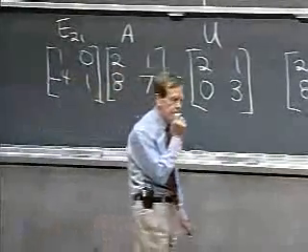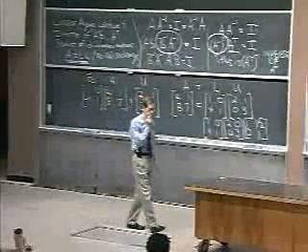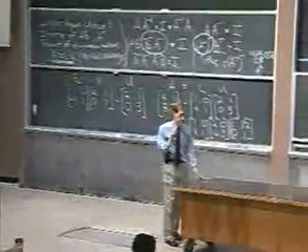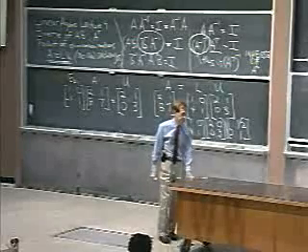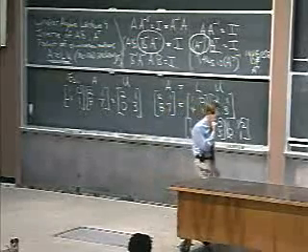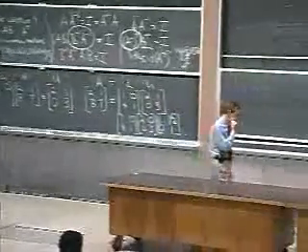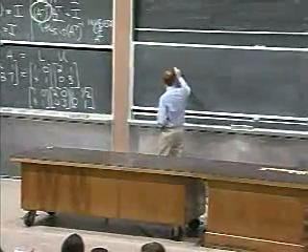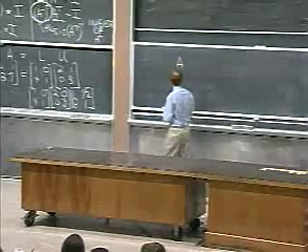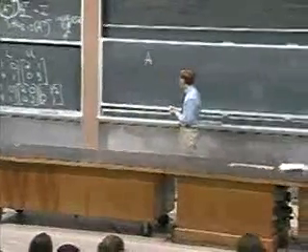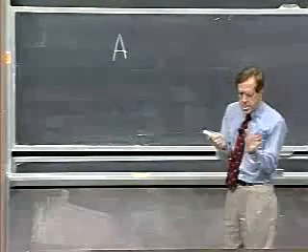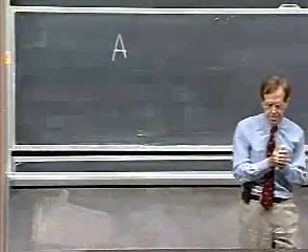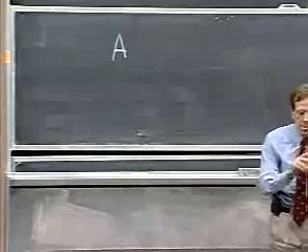But with 3 by 3, there's a more significant difference. Let me show you how that works. Let me move up to a 3 by 3. Let's say some matrix A. Let's imagine it's 3 by 3. I won't write numbers down for now.